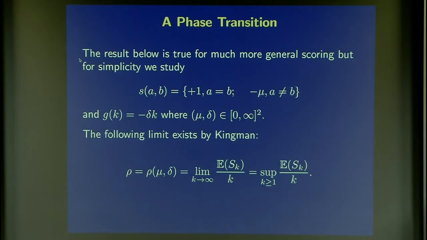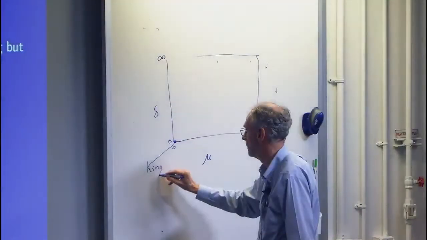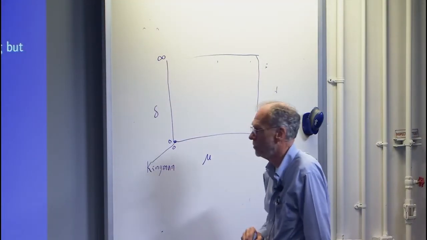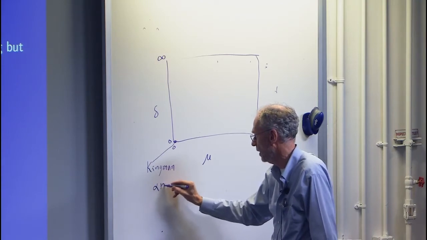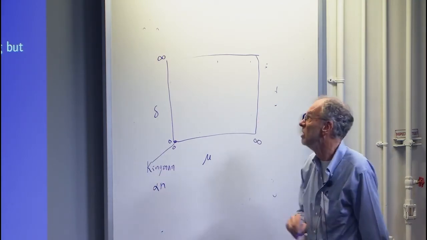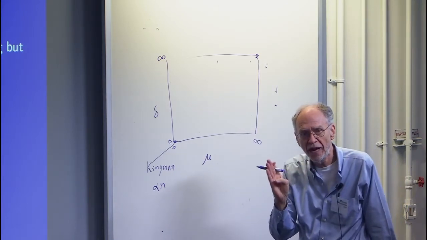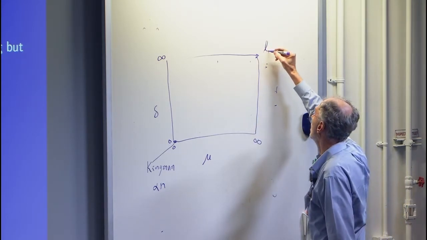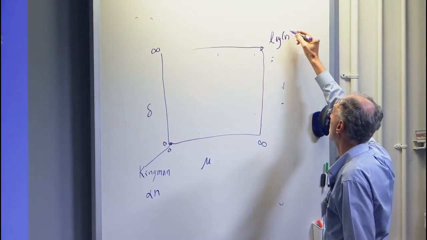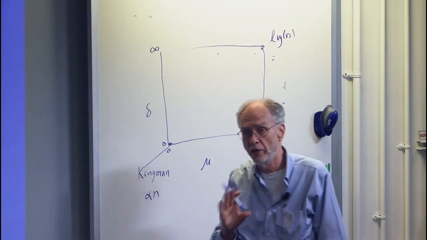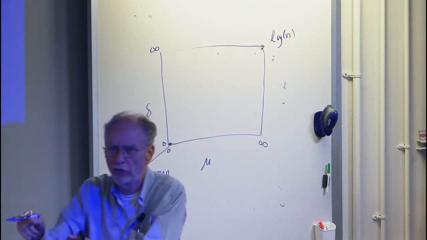But in this region right here, this is proportional to alpha n scoring. Up here, where we're looking for exact matchings, this one is proportional to the logarithm of the sequence length. I'm assuming both the sequences are the same.